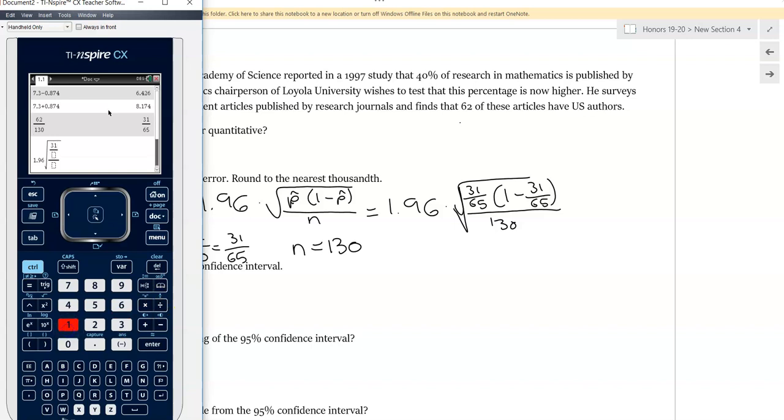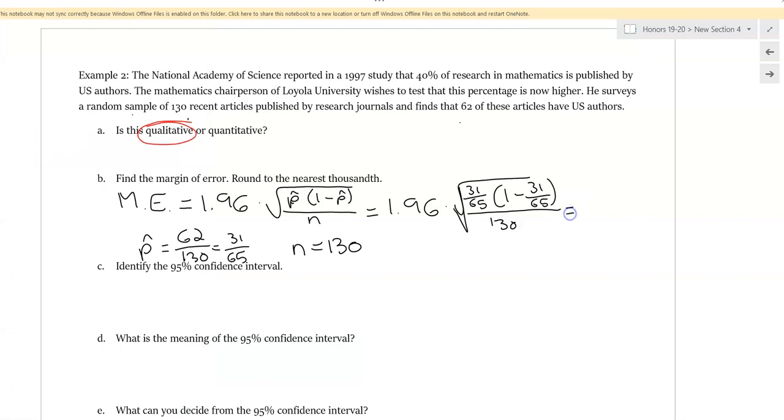So we have 31 over 65 times 1 minus 31 over 65. Put that as a fraction, all over 130. So I get about 0.86 is our margin of error.